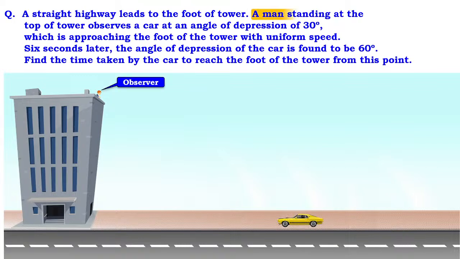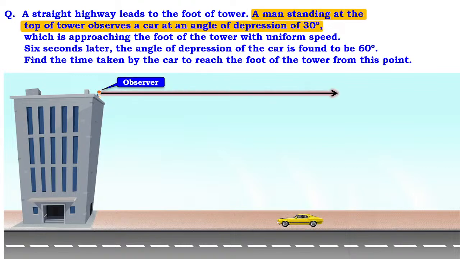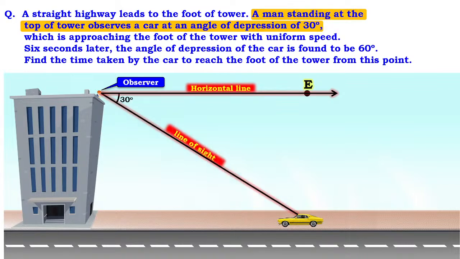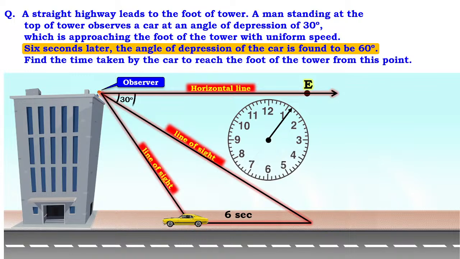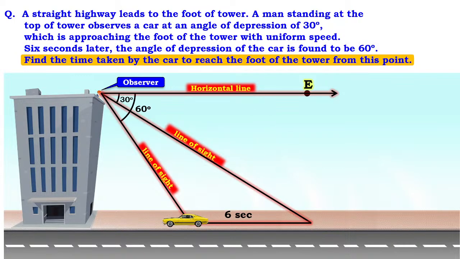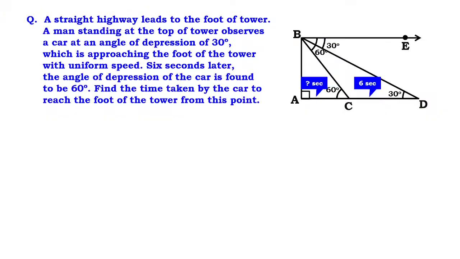So observer and the object here. So now first I am going to make an angle, line of sight, and this is how much? 30 degree. Now the question says that 6 seconds later the car is traveling at a uniform speed. Okay. The angle becomes how much? 60 degree. And find the time taken by the car to reach the foot of the tower. This is the question. So tomorrow we'll do this.